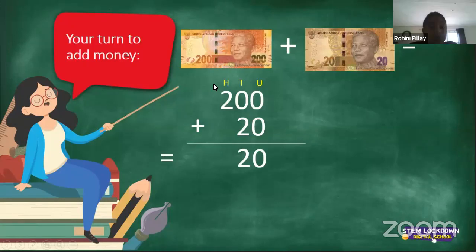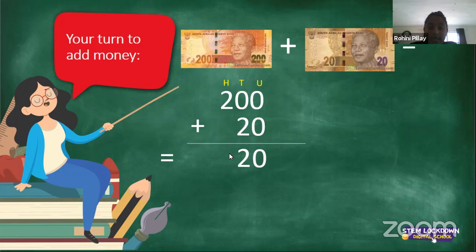Now we're going to add the hundreds. Don't forget about the hundreds column. 2 plus 0 is 2. Good.